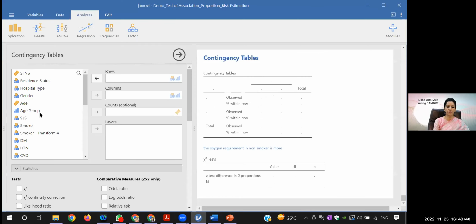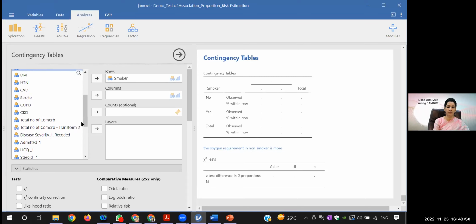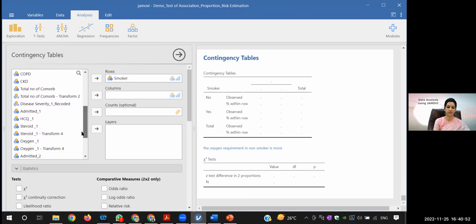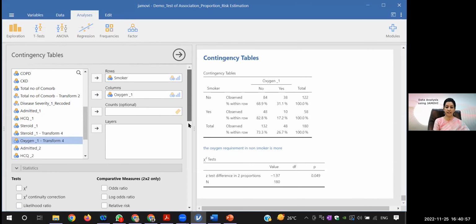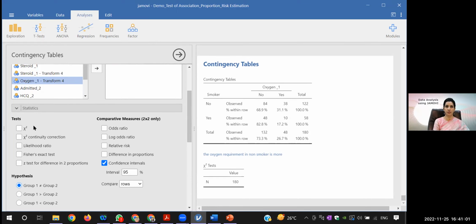So I'll move smoker to the row and oxygen requirement to the column. And now I will not tick any of these options. I will use this odds ratio.